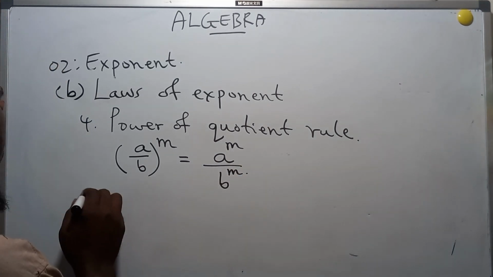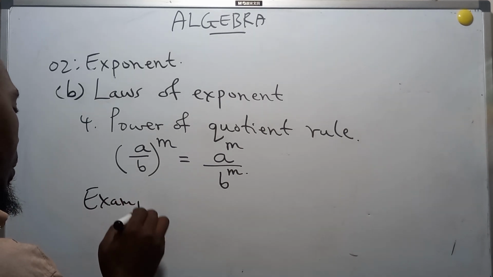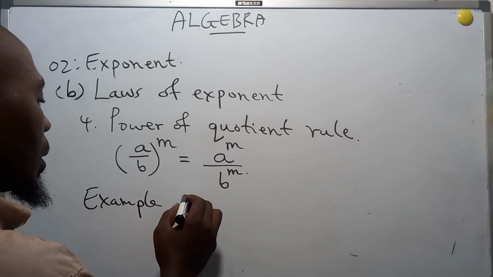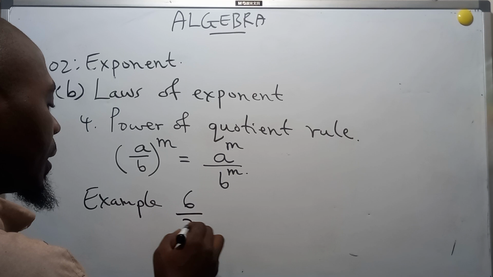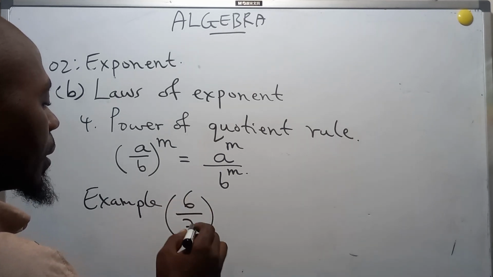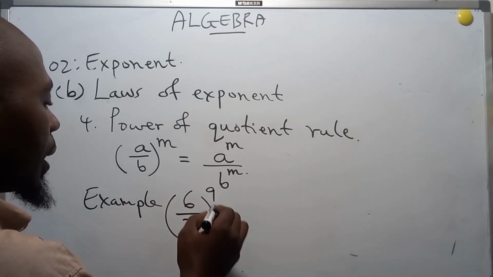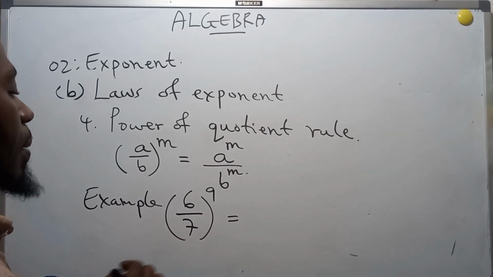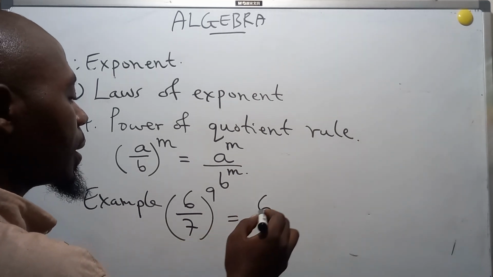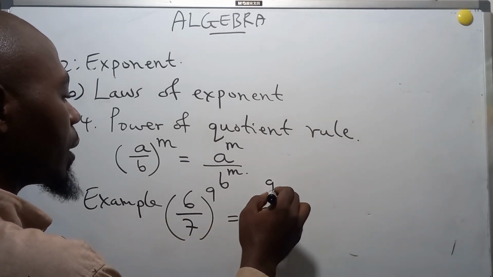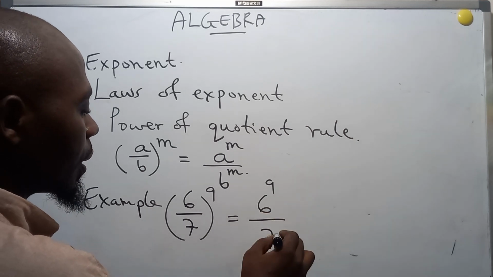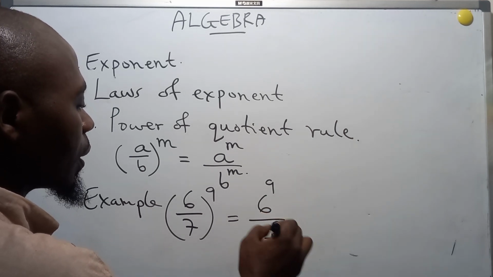For example, (6 over 7) all raised to the power of 9 is the same as 6 raised to the power of 9 over 7 raised to the power of 9.